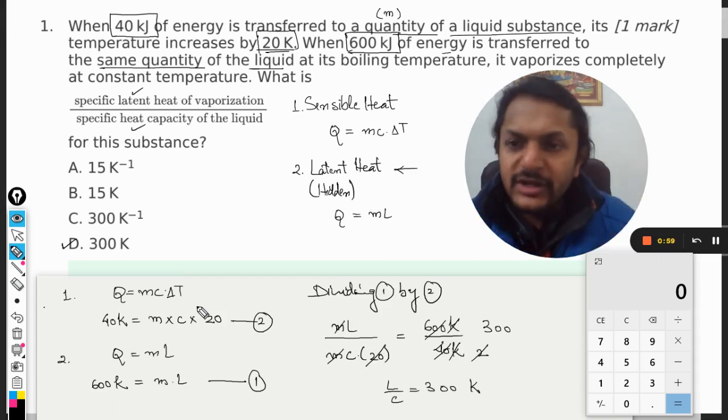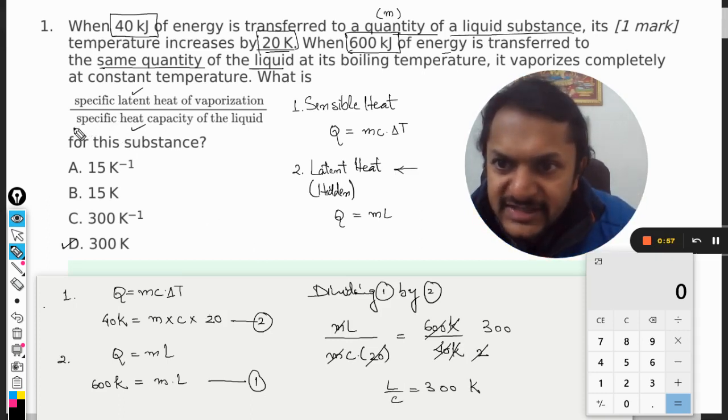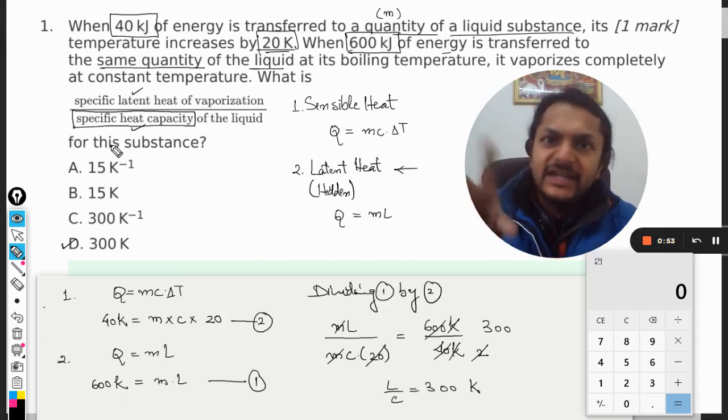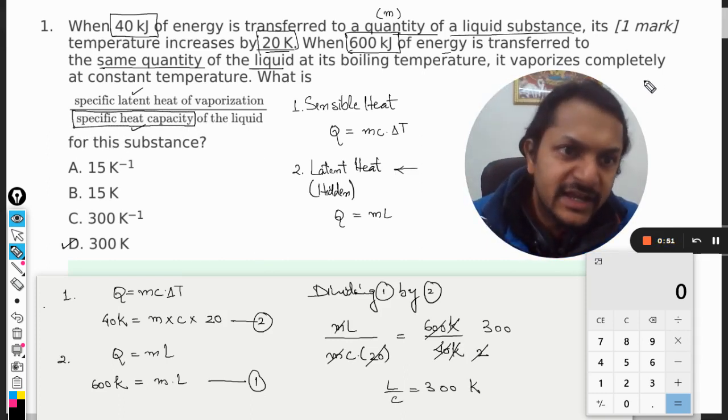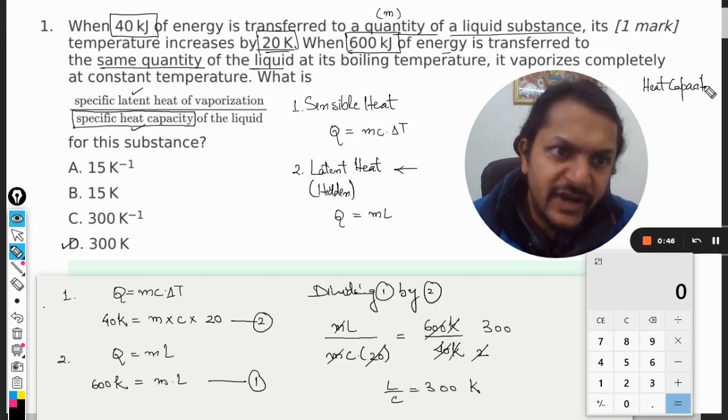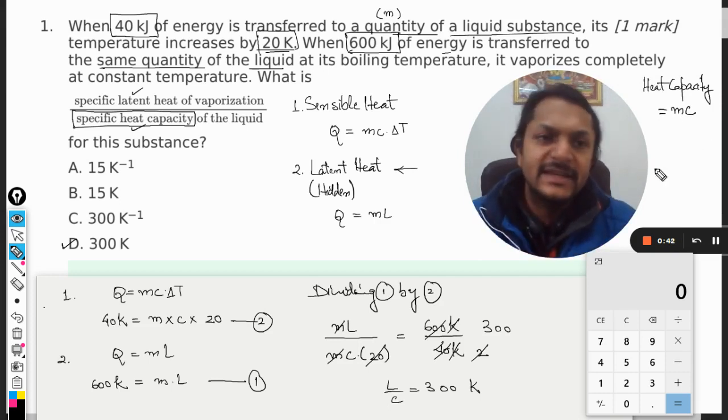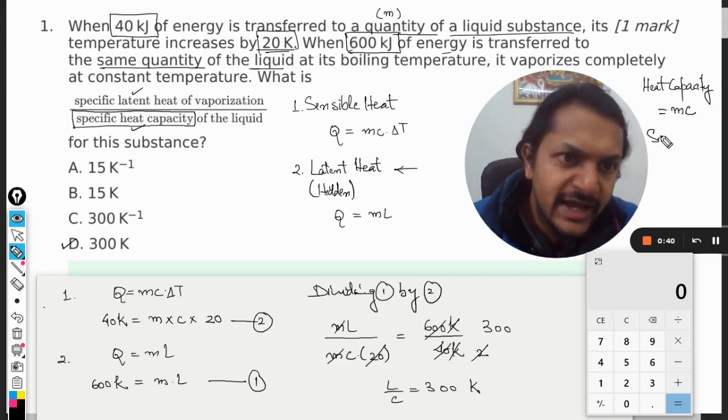Now, there is one more point I would like to specify here. The specific heat capacity should not be confused with heat capacity. There are two things, like heat capacity. So this is defined for a body and heat capacity is equal to the product of m and c. And c is known as the specific heat or specific heat capacity.